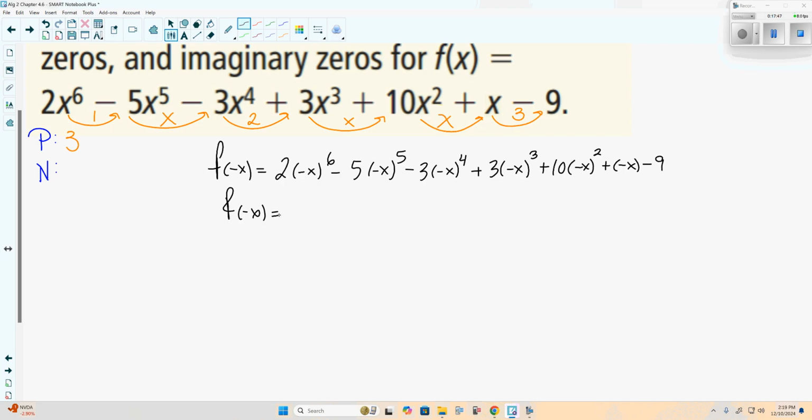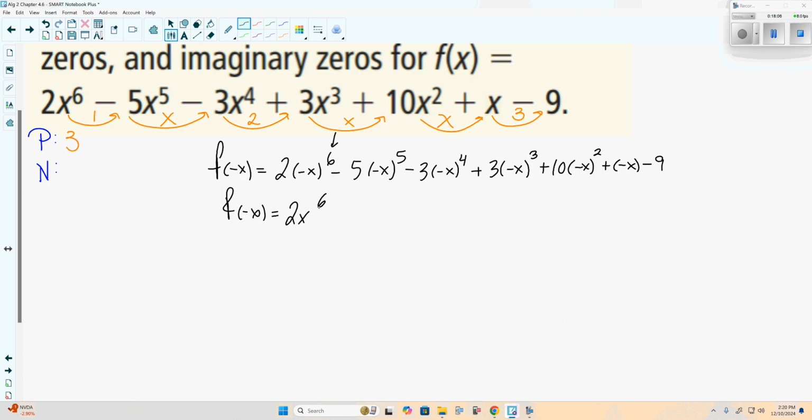If the exponent's odd, the sign's going to change. So for our 2 times negative x to the 6th, this would end up just being 2x to the 6th. The sign for the 2 is going to stay the same because the exponent is even.